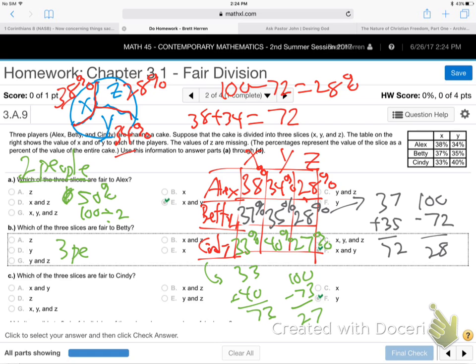If three people want to divide something fairly, what percentage should they each get? Whatever 100 divided by 3 is, huh? Which turns out to be 33.3%. It's not exactly 33, because 3 times 33 would be 99.